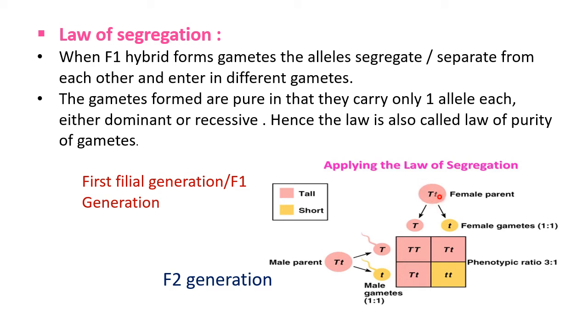That is, the dwarf character is not expressed in the F1 generation, but it is expressed in the F2 generation. Hence, the law is called the law of purity of gametes, or it is also called the law of segregation. That is, the alleles remain together with each other, but neither the effect of each is changed. Hence, the law is called the law of segregation or law of purity of gametes.